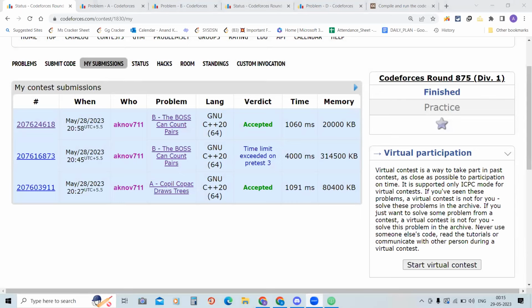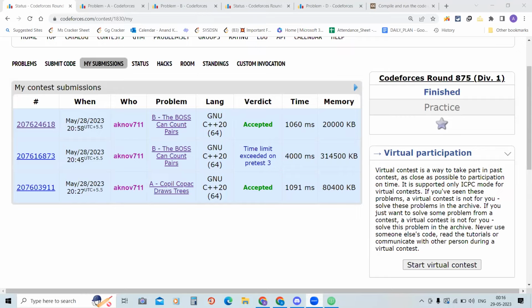What is this hacking part in Codeforces? Basically what happens is that when you are given a contest, it only runs on certain test cases, let's say 10 or maybe 12 test cases. That's why you would be seeing pre-test passed. Pre-tests are a certain bunch of test cases, not the total but just a part of the total test cases. They are very few.